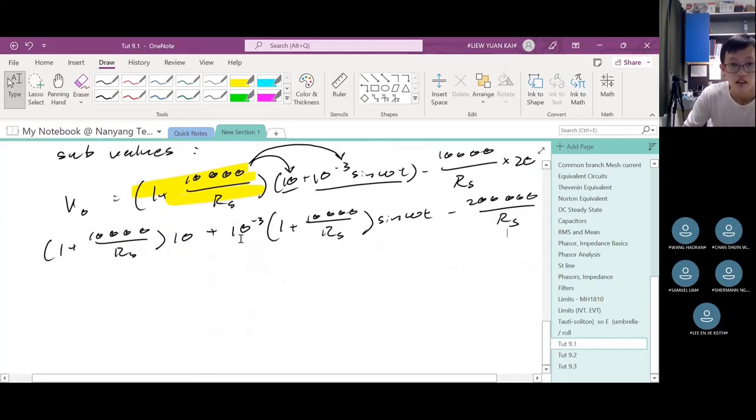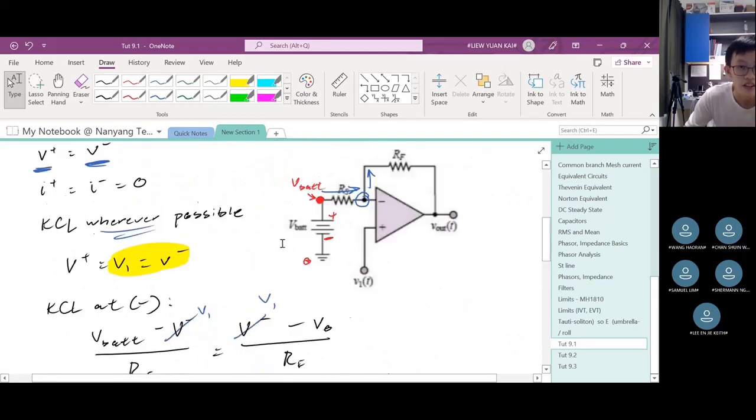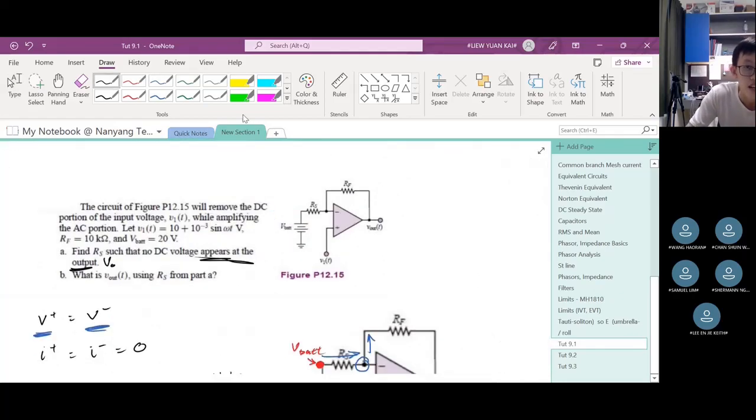Okay. So let's go back to what the question requires. The question requires that no DC voltage appear. What does DC voltage mean? First, let's take a look at AC. AC means for this sinusoidal source, like this, you see something waving up and down.